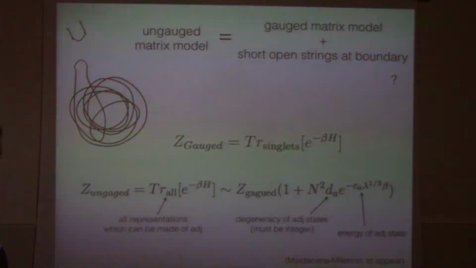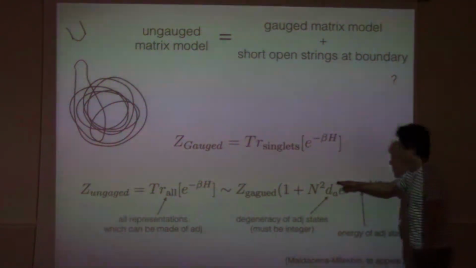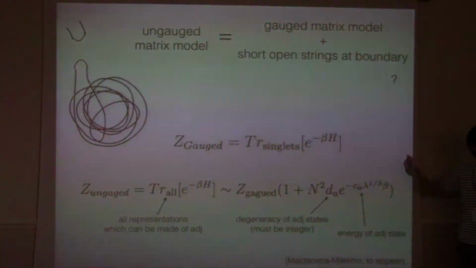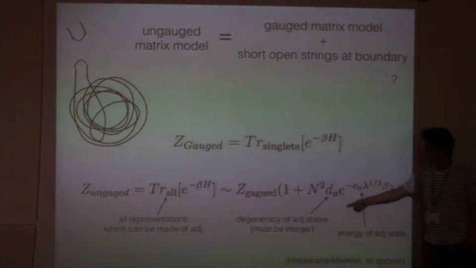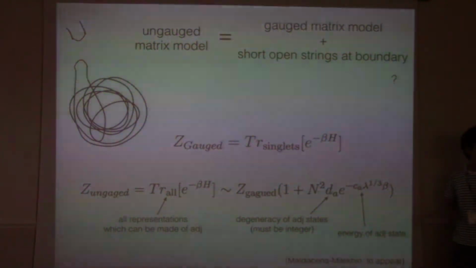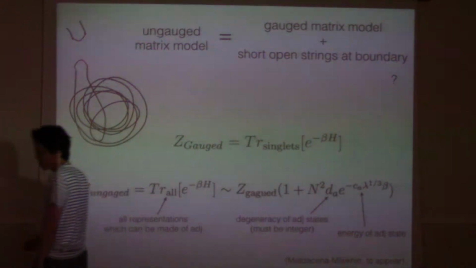To some extent, on the gravity side, it's possible to estimate the contribution from such short open strings. If we calculate the partition function, the correction is something like N squared times some integer, it can be 1 or 2 or 3, and exponential of some unknown constant times 1 over temperature. Quite generally, we can make such an estimate.